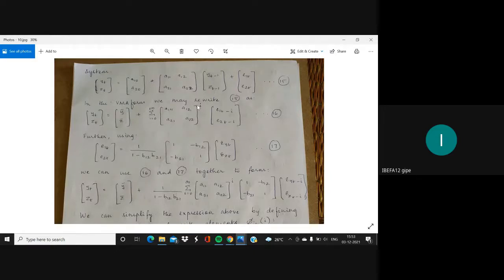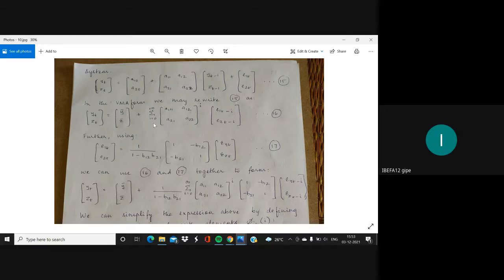So basically, once you multiply it out, you'll get yt is equal to y bar plus summation a11, this extra one should not be here, it'll be a11 into e1t minus i. So there'll be various lags of e1t basically.